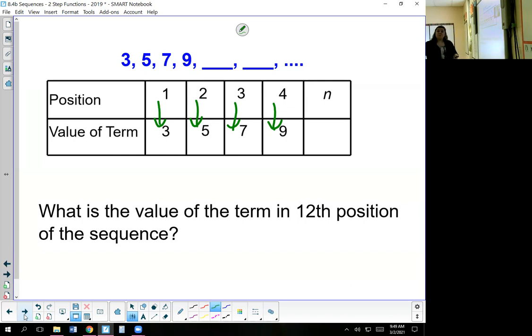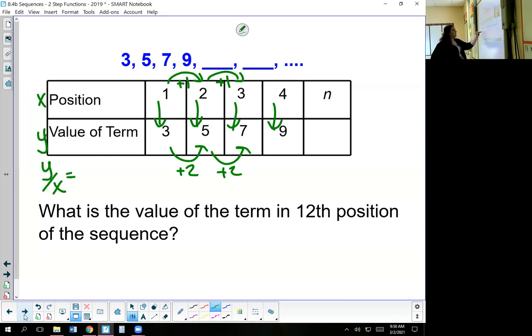So we have to go back to what we did previously. The change here is add 2, and this is add 1. This is add 2, this is add 1. This is technically my x and this is my y. I would do y divided by x, so 2 divided by 1 is 2.